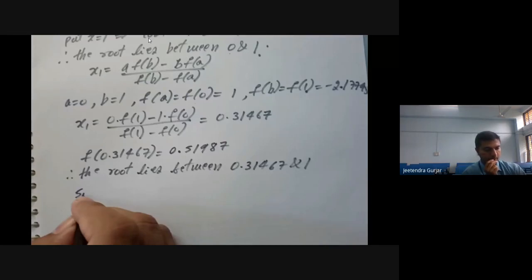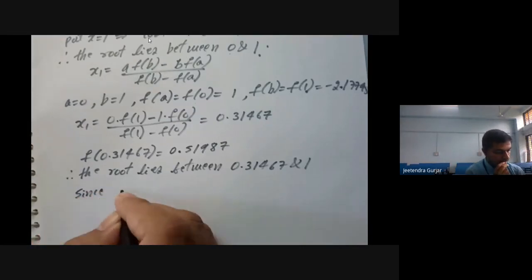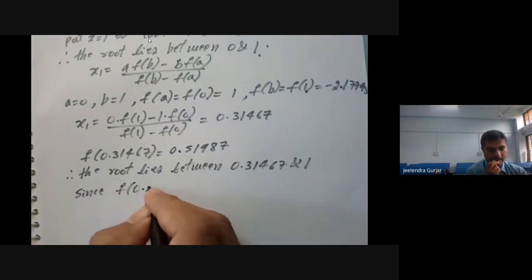What we have got the answer, f of, instead of 0, f of 0 is now going to become 0.31467 because it is positive value. Remember. So we get this value as 0.51987. So this is what we are the roots. Now since I will tell you why to take these roots.